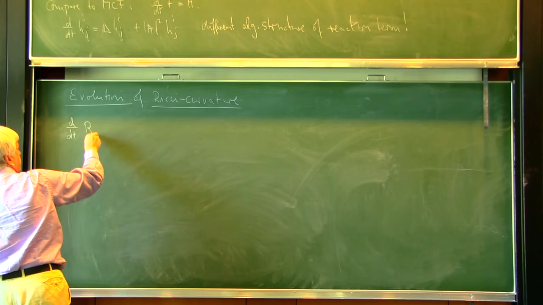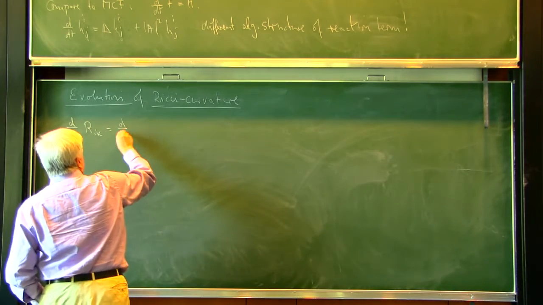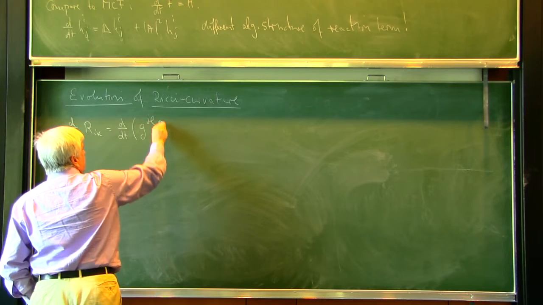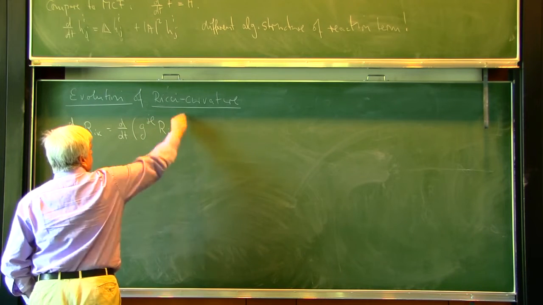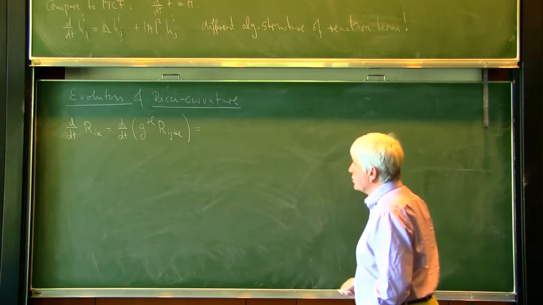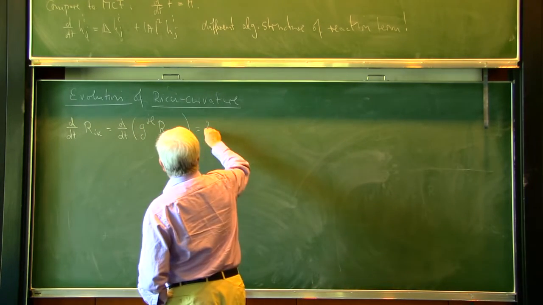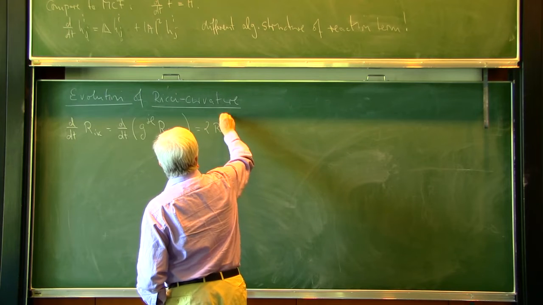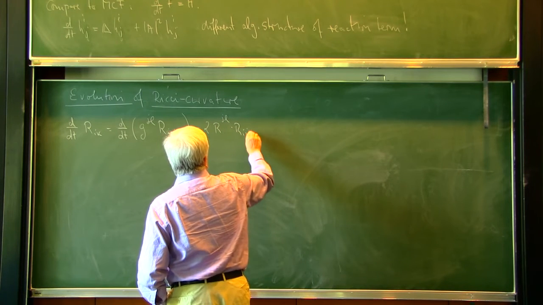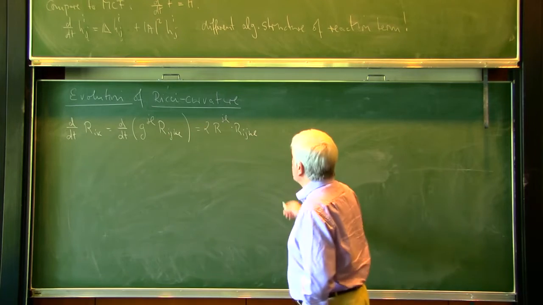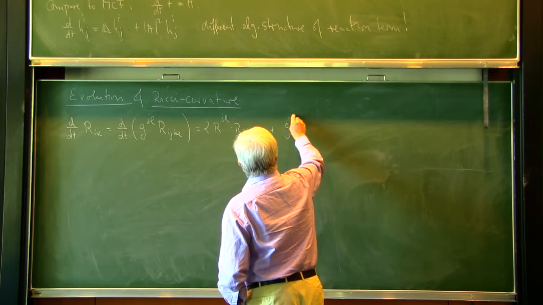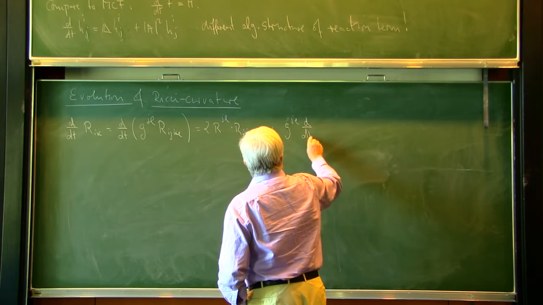of Rik, which is d/dt of the trace of the Riemann tensor. So we get d/dt of the inverse metric, which we computed before. This was 2 times Rjl times Rijkl, sum over L, plus gjl times the trace of what we just computed.